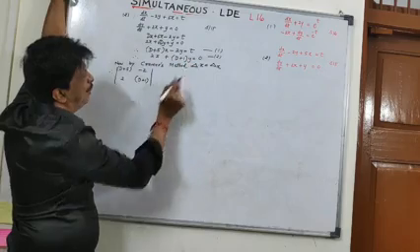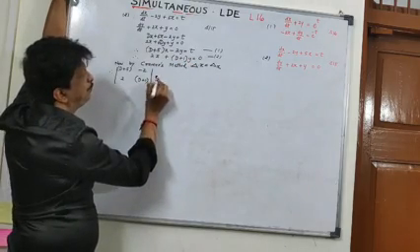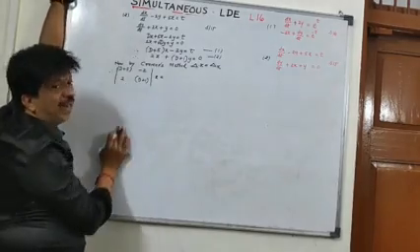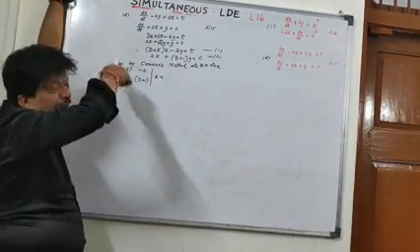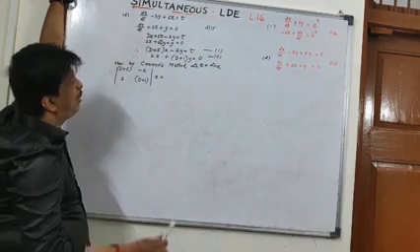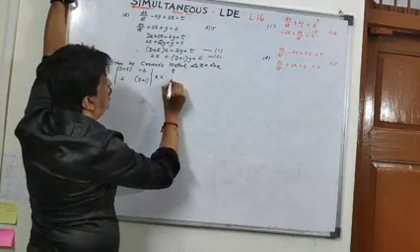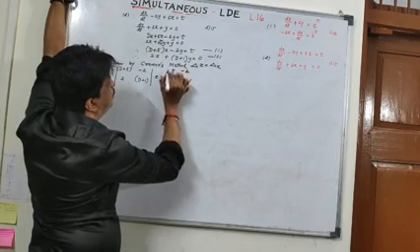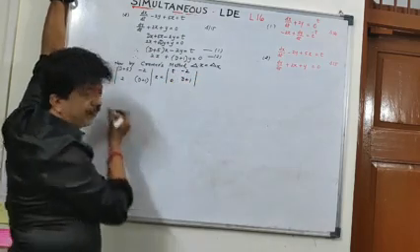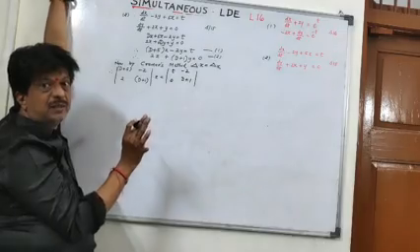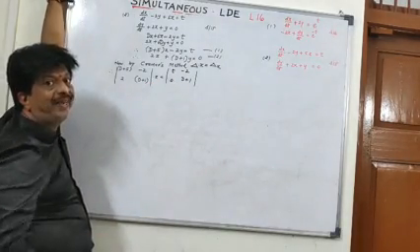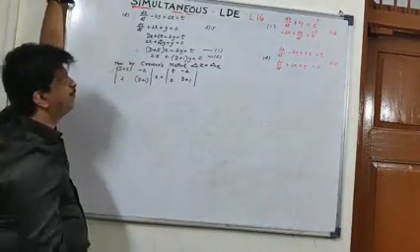So capital delta into x is equal to delta x. That means in this delta, I replace the first column by the right hand side, t comma 0, and the other column is minus 2, D + 1. This is just in a single equation we get the linear differential equation in dependent variable x.